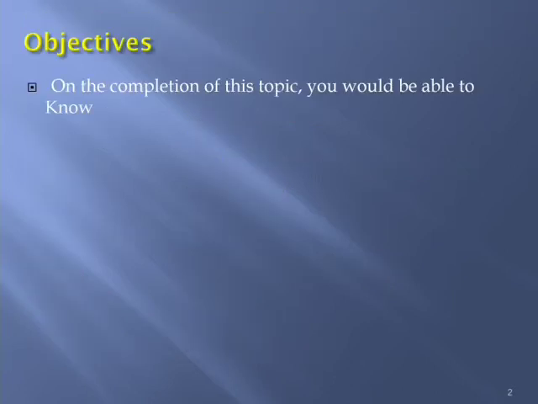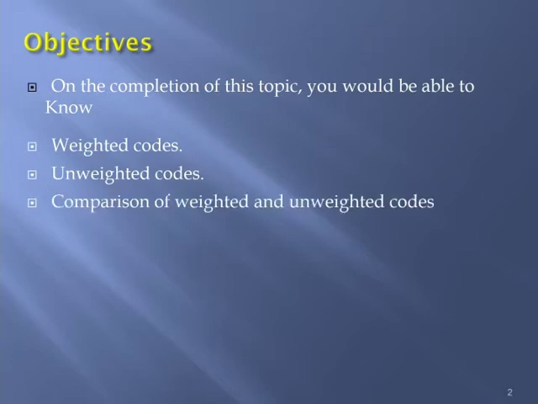The main objective of this is to know the weighted codes, unweighted codes, and the comparison of weighted and unweighted codes. We have seen weighted code examples: decimal number system, binary, octal, hexadecimal, 8421 codes and so on. And unweighted codes have some examples like XS3 code and gray code.